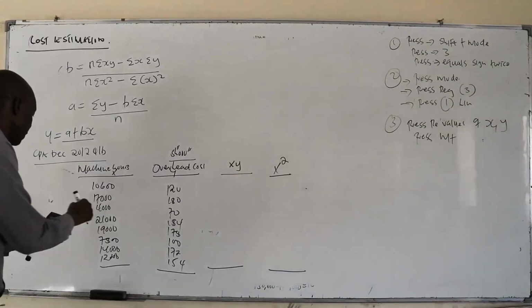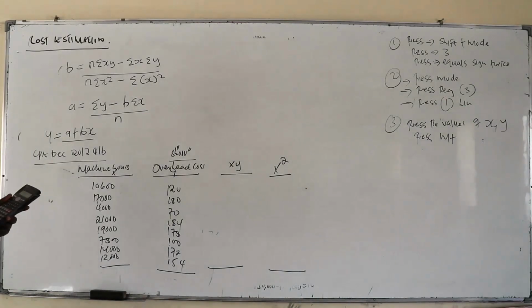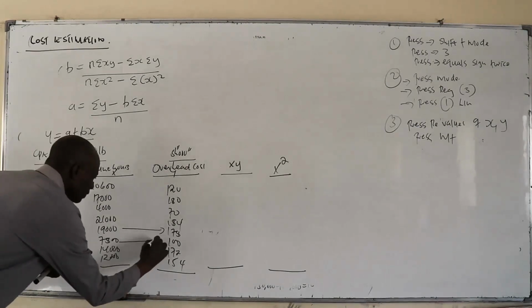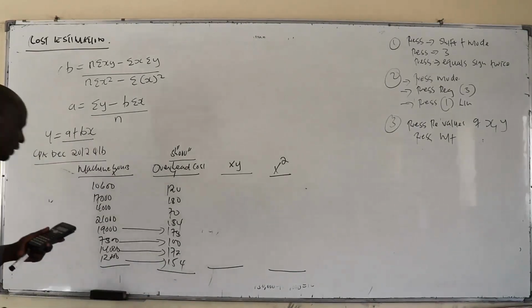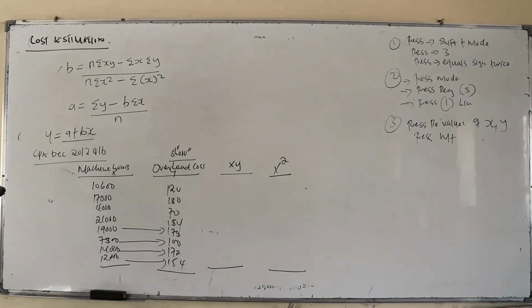You go to the next one, 17,000, comma 180, and then you press M plus. The next one, 4,000, comma 70, M plus. Then 21,000, comma 184, M plus. Then 19,000, comma 178, and you press M plus.